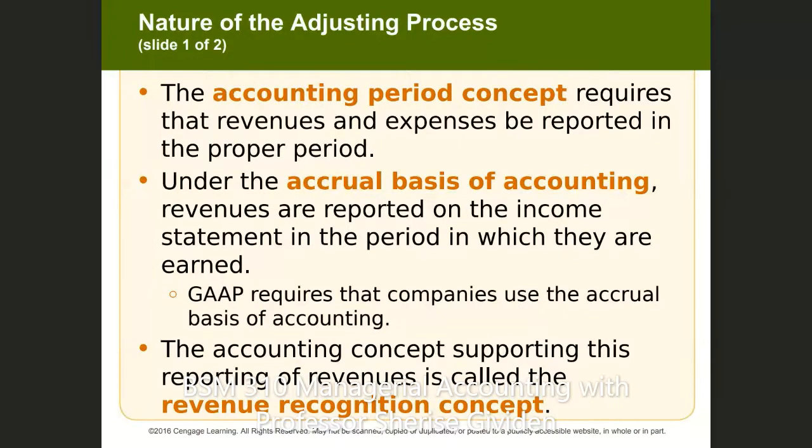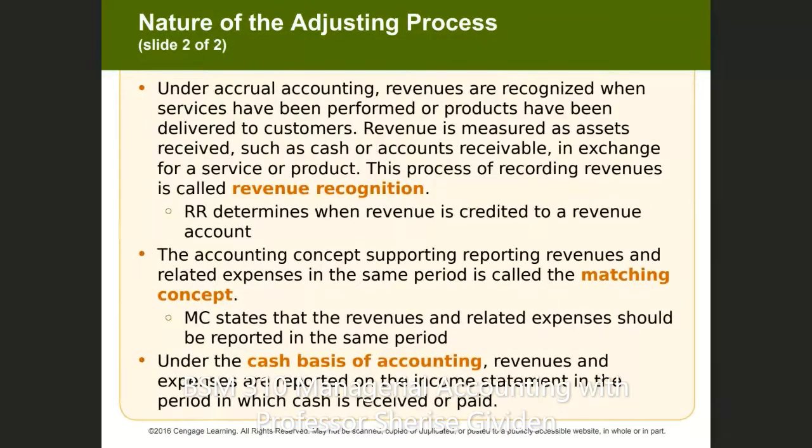And the accounting concept supporting this reporting of revenues is called the revenue recognition concept. Under accrual accounting, revenues are recognized when services have been performed or products have been delivered to customers.